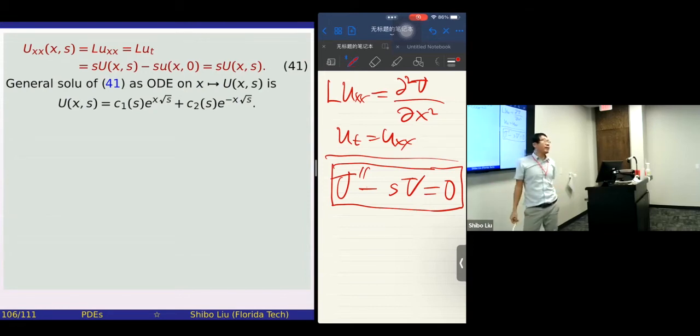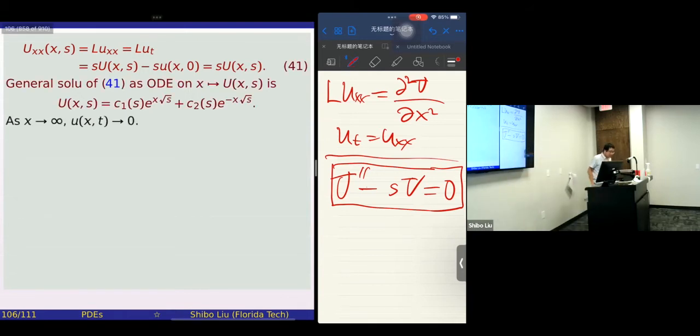Of course, C1, C2 depend on s, because our variable is x and s is a parameter. You are solving a family of ODEs, and for different ODEs the constants are different depending on s. So this is the general solution.